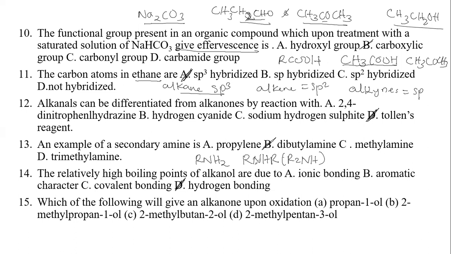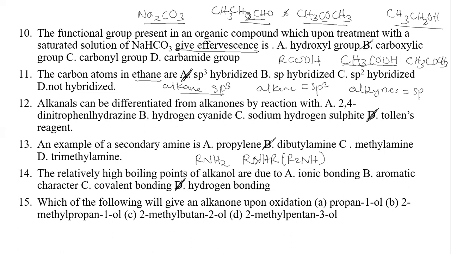Question number 15. Which of the following will give an alkanone upon oxidation? Now, you need to understand that primary alkanol will give alkanal or alkanoic acid, depending on the type of reagent used.